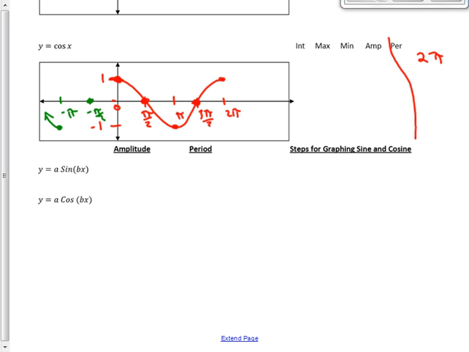And so this graph ends up looking something like that on the left-hand side. If I kept going this way, I would be at 5 pi over 2 here. That graph comes back to 0. And then again over here at 6 pi over 2, which is 3 pi, my graph comes back down to negative 1.